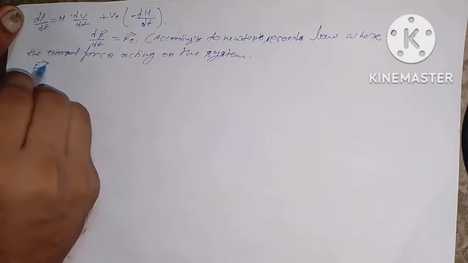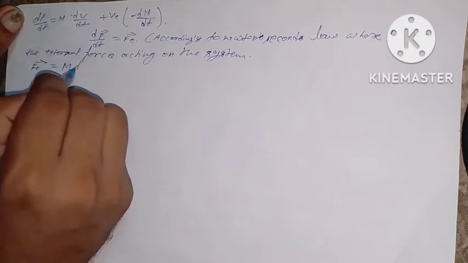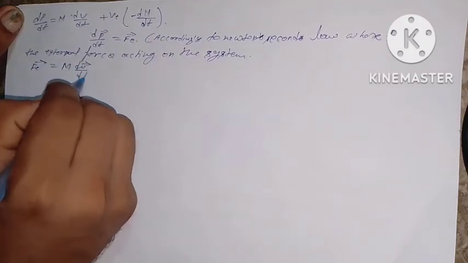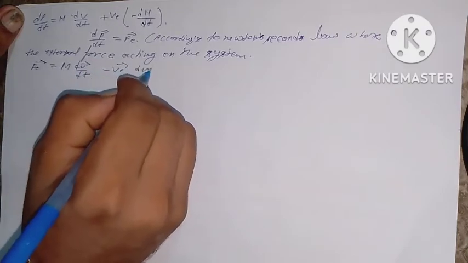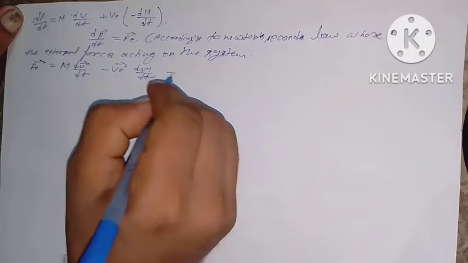So Fe vector equal to capital M dV upon dt minus ve vector dm upon dt.